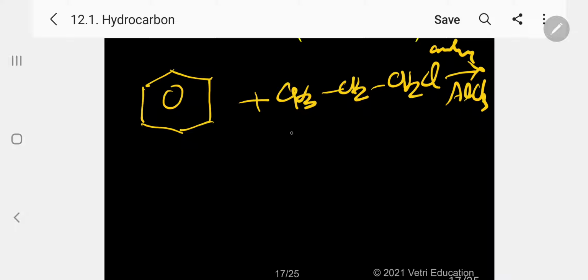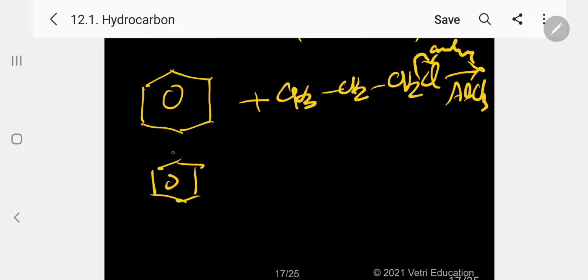This is an electrophilic aromatic substitution. It will undergo cleavage and attack the benzene ring, but during this some rearrangement is happening, and this product is formed.